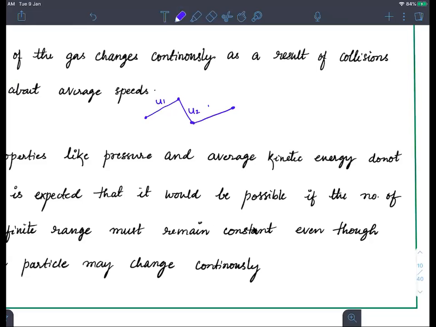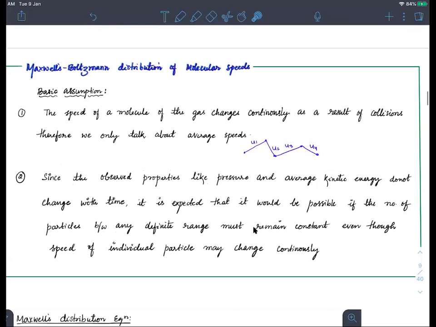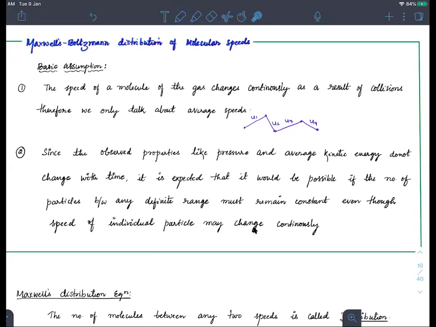After another collision it changes its speed again. One more collision, it changes its speed. So the speed of the particles keeps changing every time it makes a collision. So it is always important to talk about the average speed rather than the individual speed.